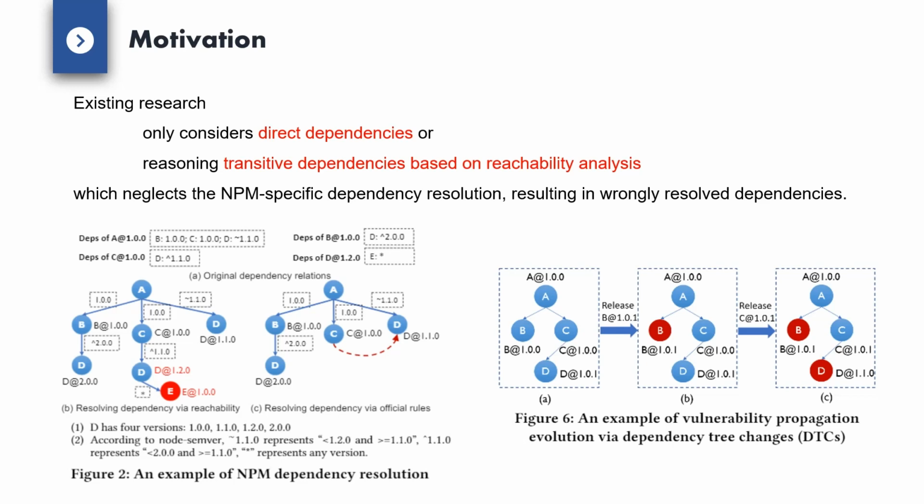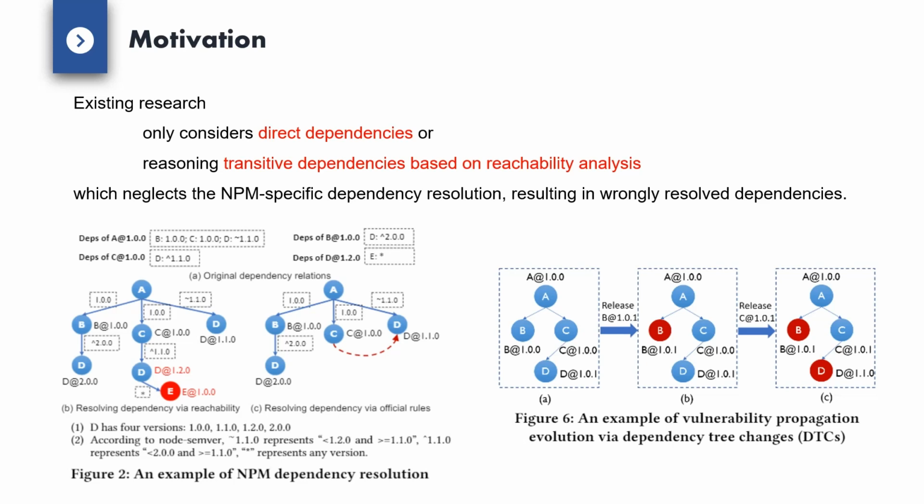Besides, because NPM embraces a flexible strategy on dependency management, for example, dependency relations can be defined as different types of version ranges, the installed dependency trees at different times also change dynamically.